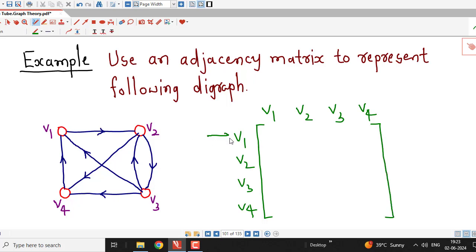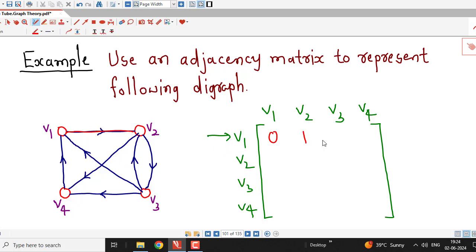First I will check for V1, so whether there is any edge from V1 to V1, that is, whether there is a loop at V1. There is no loop at V1, so we write 0 here. Then I have to check whether there is an edge from V1 to V2. We can see there is an edge from V1 to V2 and it is only one edge, so I write 1 here.